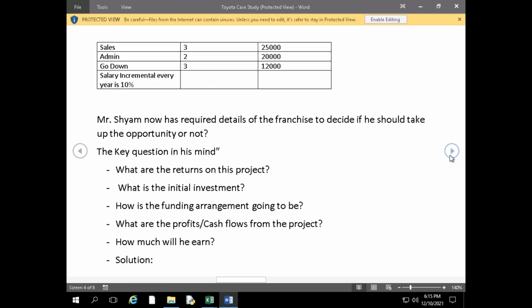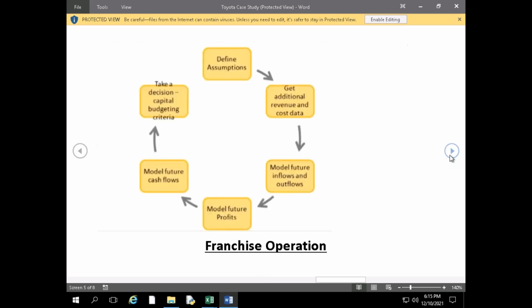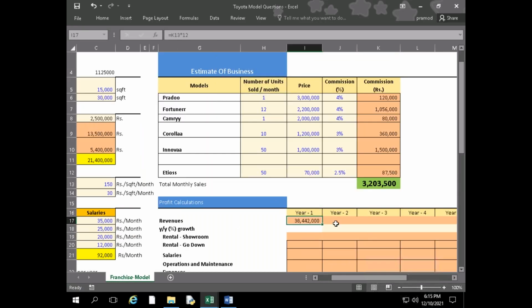Yes, sir, 10%. So how do we calculate, sir? Previous revenue, 38 lakhs. 38 lakhs, previous year, into the bracket of 1 plus 10%.